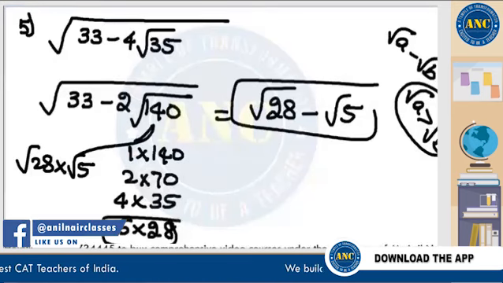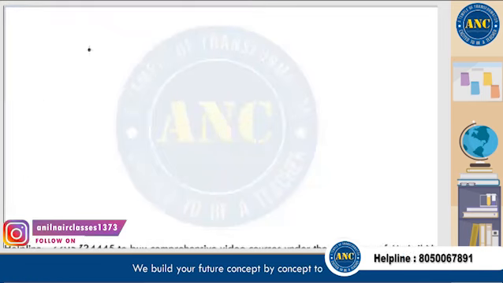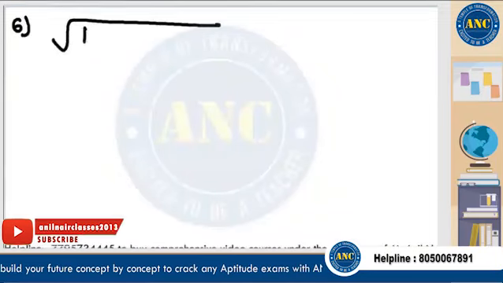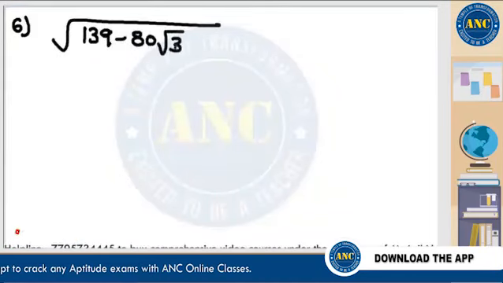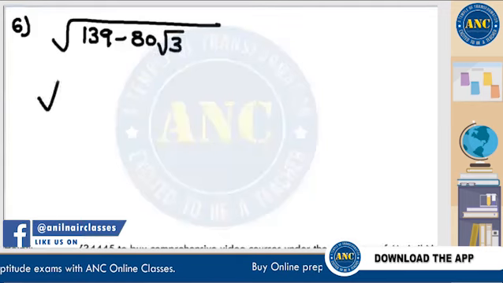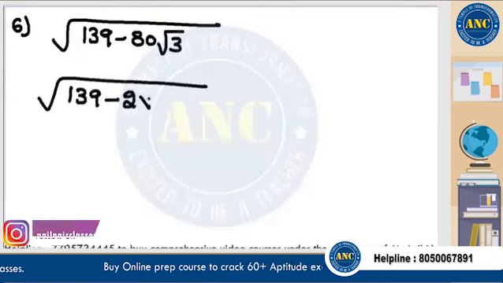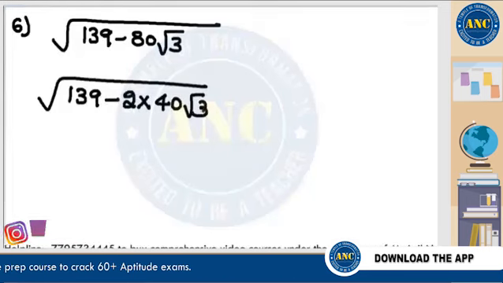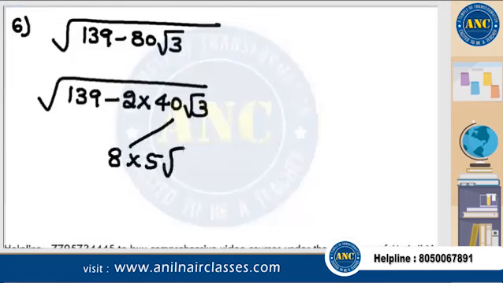Sixth question. Root of 139 minus 80 root 3. So it is 139 minus 2 into 40 root 3. 40 root 3 I can write as 8 into 5 root 3.